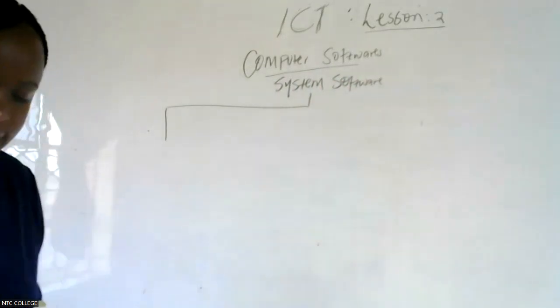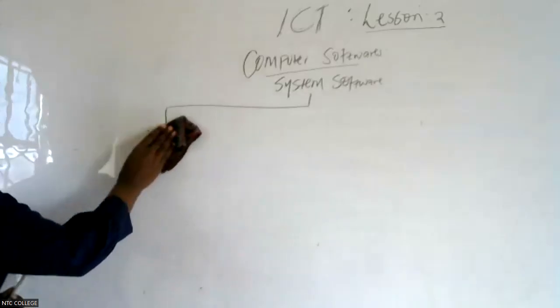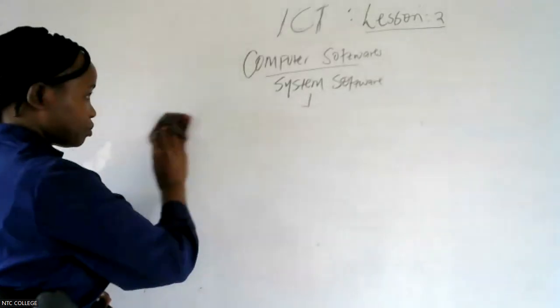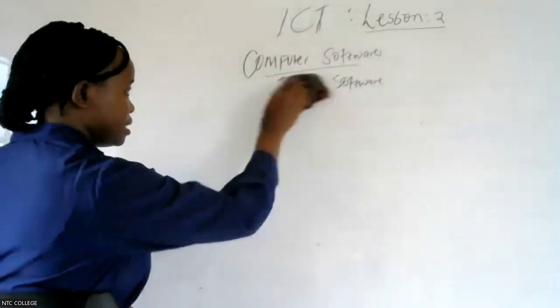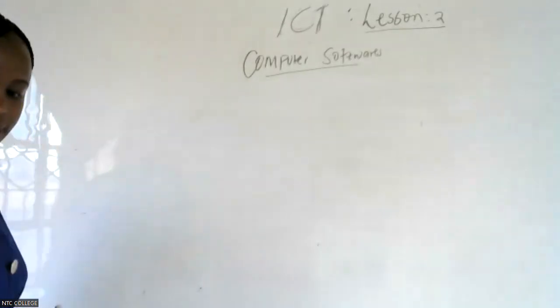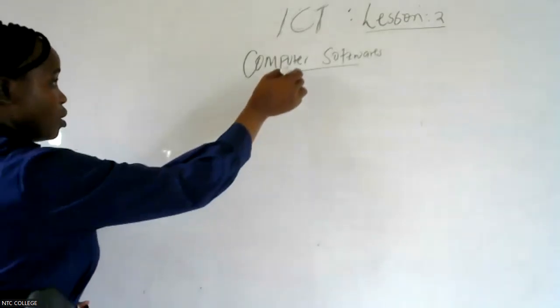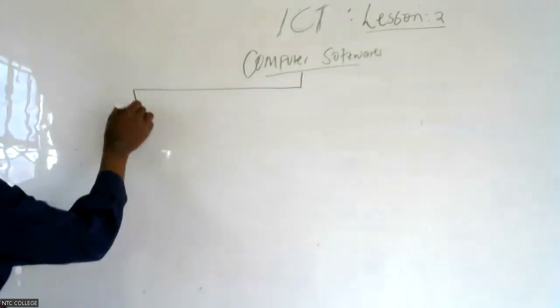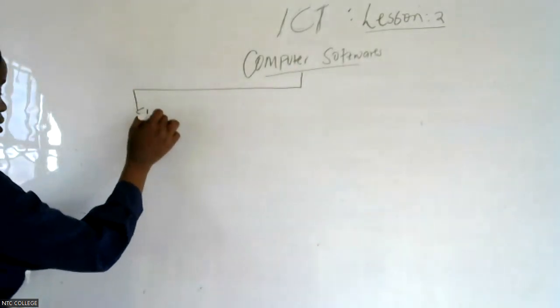So softwares are divided into several categories. We have the first classification, what we call the system softwares.